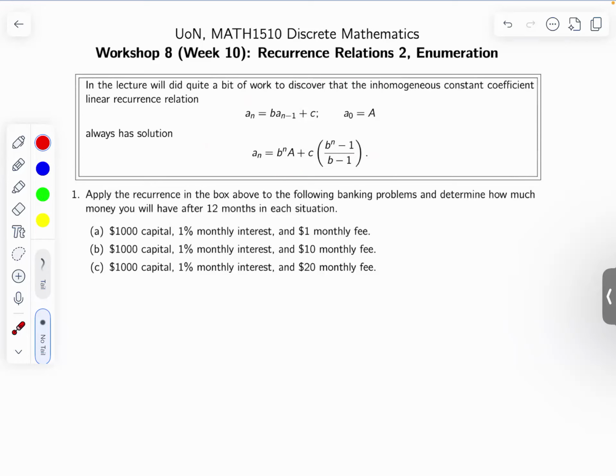Okay, so here a_n and b times a_{n-1} plus c. So the direct solution is this one. If you don't know the direct solution, you need to use the induction.